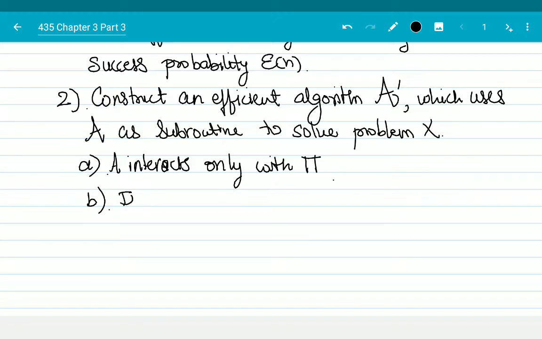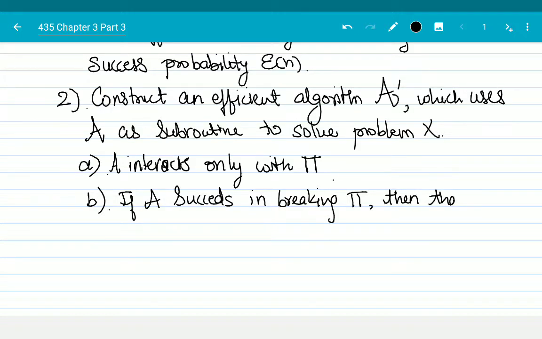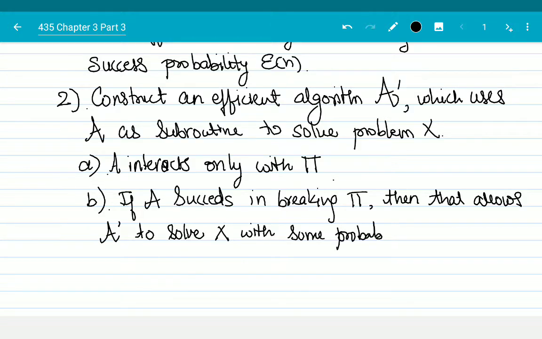If A succeeds in breaking pi, then that allows A prime to somehow solve X with some inverse polynomial probability, probability 1 over P of n.